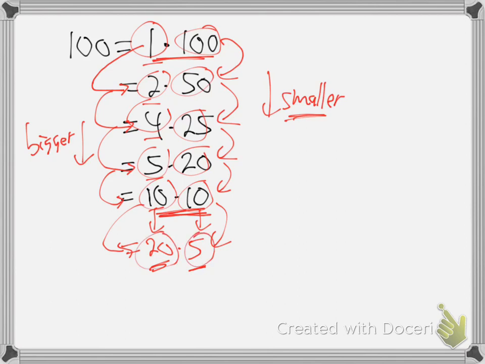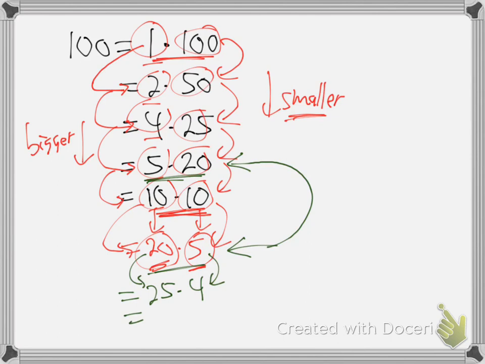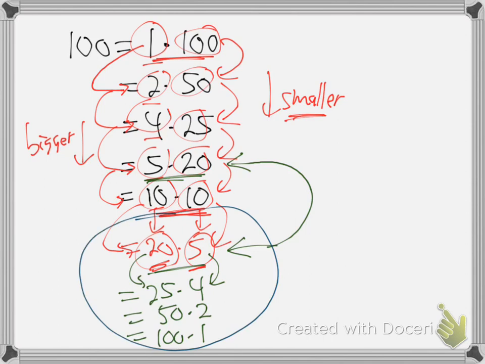And not only that, have we seen this before? It's right there. They're flipping. Next would be, what would be next? 25, yeah. Times 4, still a little bigger, a little smaller. And then next would be 50, all the way to 50 times 2. And then 100 times 1. Do you see that all of this is what?